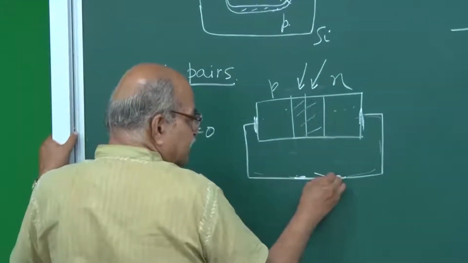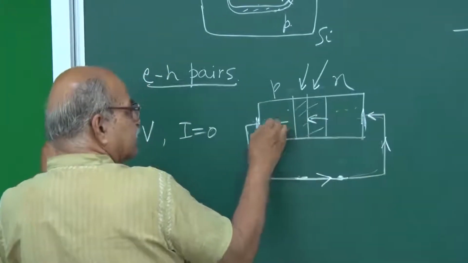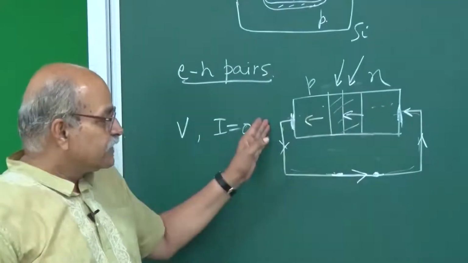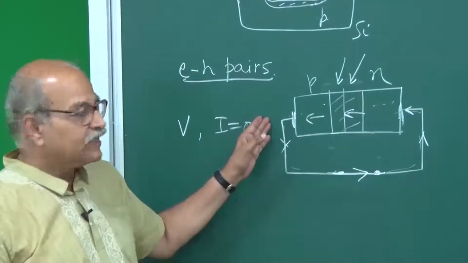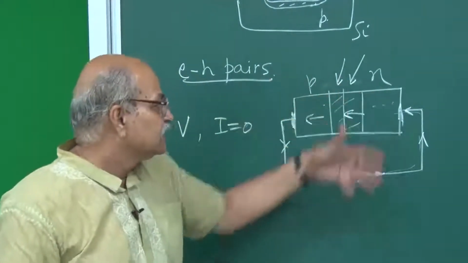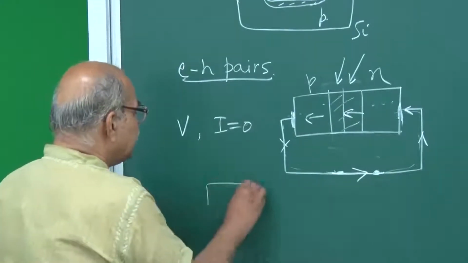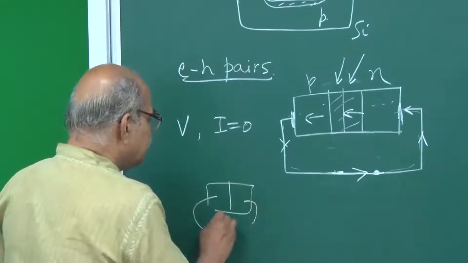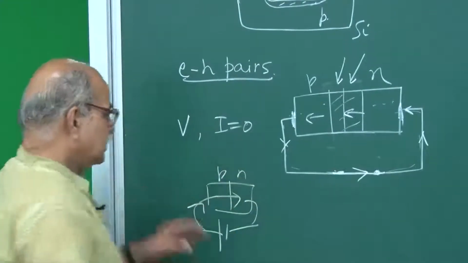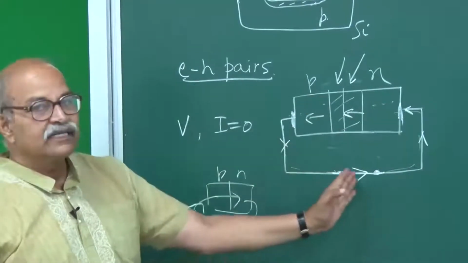So you will have a current like this, and the current is in the negative direction. This is the p side, this is the n side. Normally p to n we take as the positive current. When we do forward biasing of any p-n junction, the current goes like this. So this is our typical positive direction of the current, and here it is going in the negative direction.